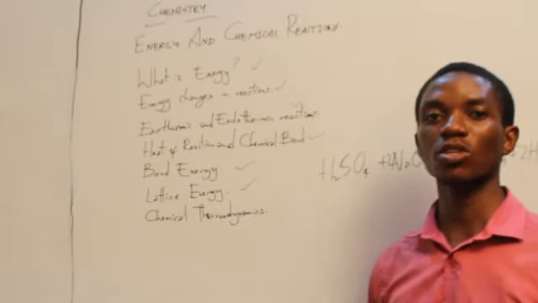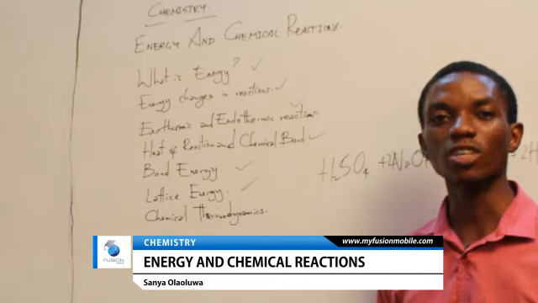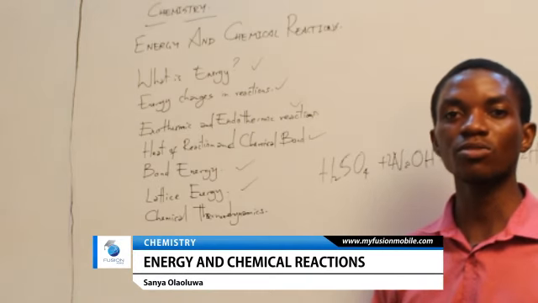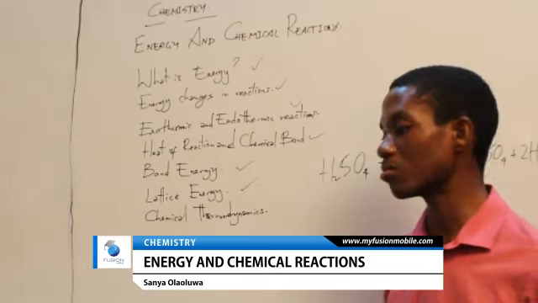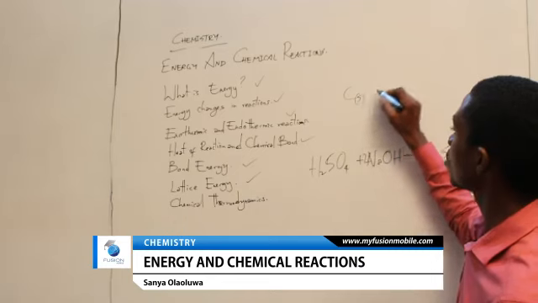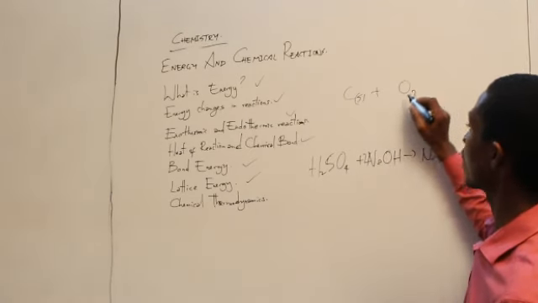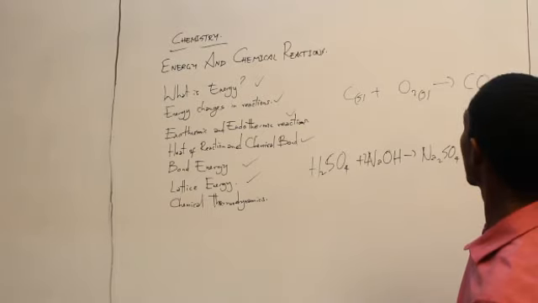Now in some other situations, we do not have the luxury of the reaction occurring on its own. Some certain reactions will never occur until you have applied heat, such as the burning of carbon in the presence of air. In the presence of excess air, we'll have the formation of carbon dioxide gas.